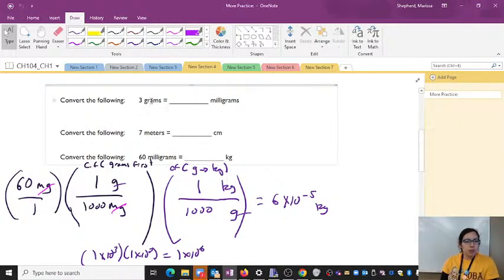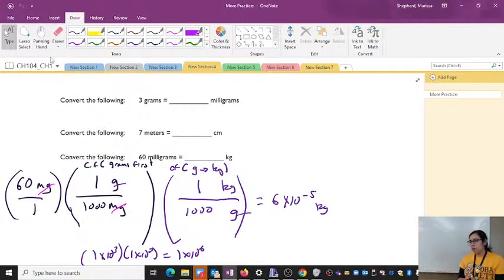These first two, so 3 grams to milligrams, what's that? And then 7 meters to centimeters. So go ahead, work those problems out, get your brain firing. And then I would set it up using the proper dimensional analysis, even if you think it's easy.